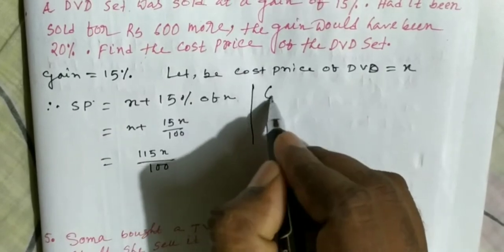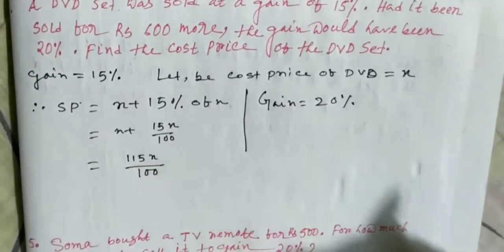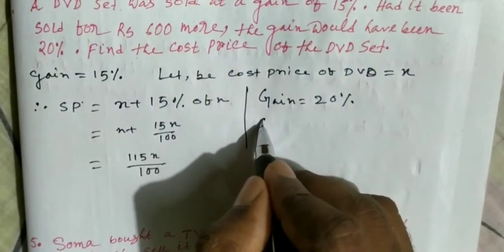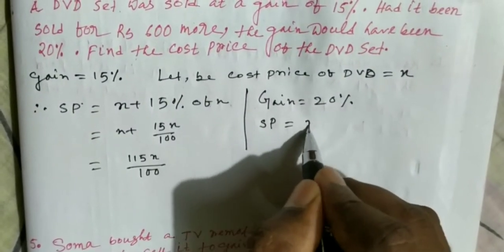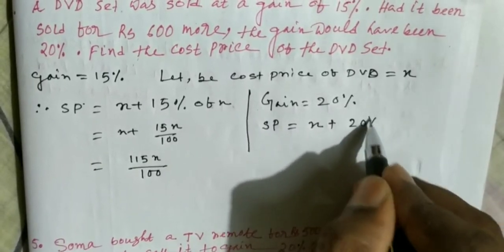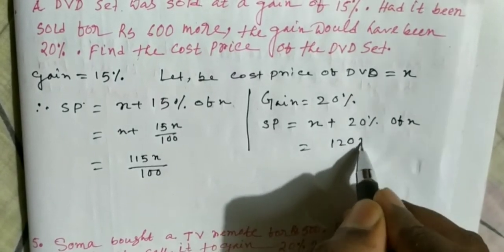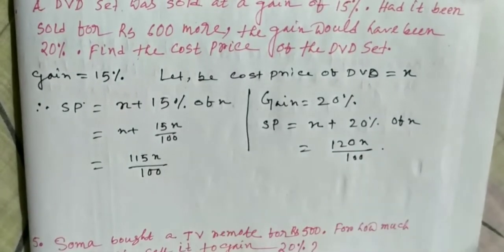So, SP is equal to X plus 20% of X, which is equal to 120X by 100.